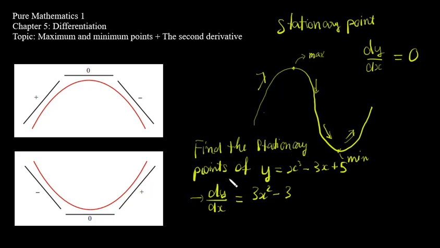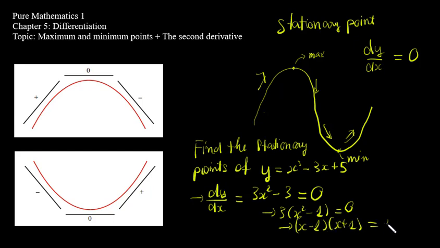They are stationary points, so this will equal 0. So we have 3 multiplied by x squared minus 1 equals 0. So we have x minus 1 multiplied by x plus 1 equals 0. So x equals 1 or x equals minus 1. So these are the 2 points. One of them is a maximum point and one of them is a minimum point. And now we don't know how to determine which one is a maximum point and which one is a minimum point.